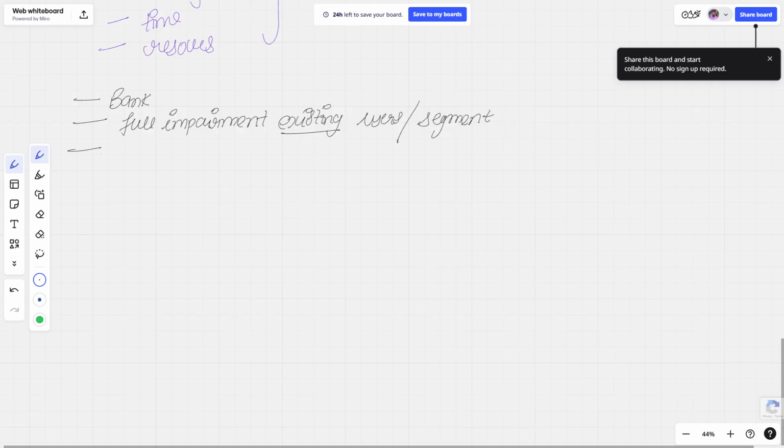And we have to keep in mind the cost of building. So this is one of the constraints. So this will also help us while prioritizing our solution.